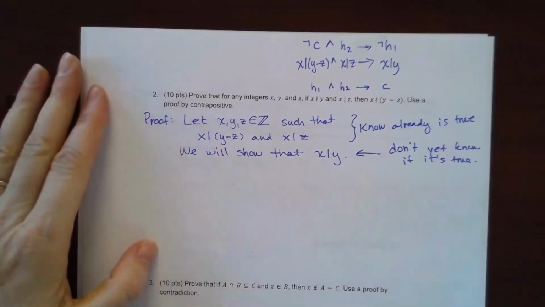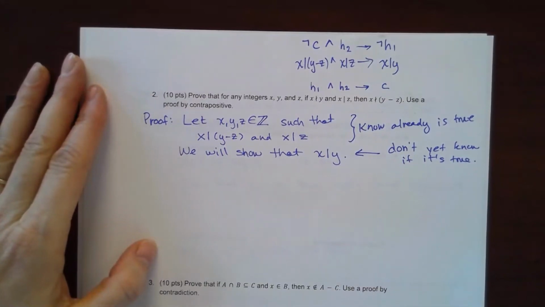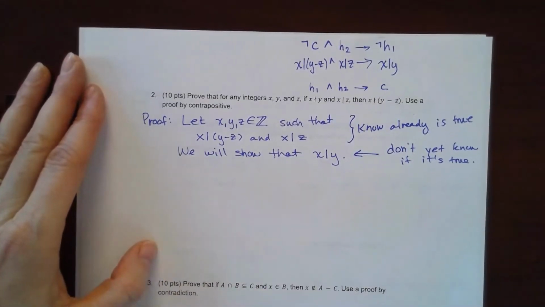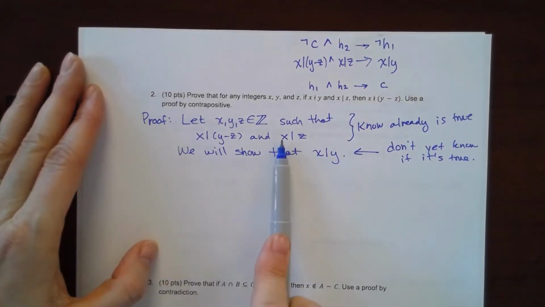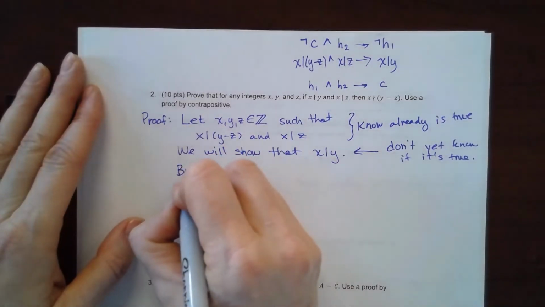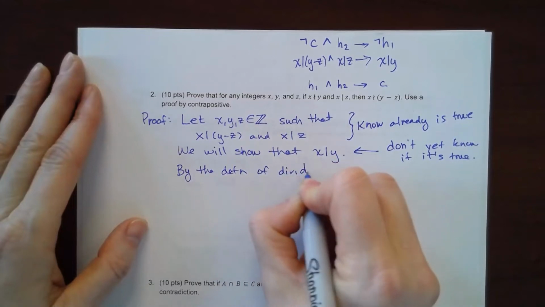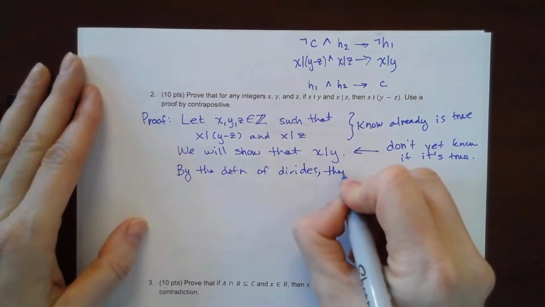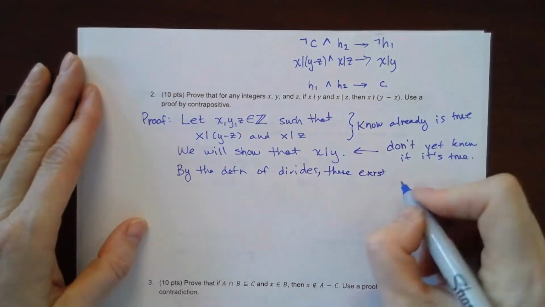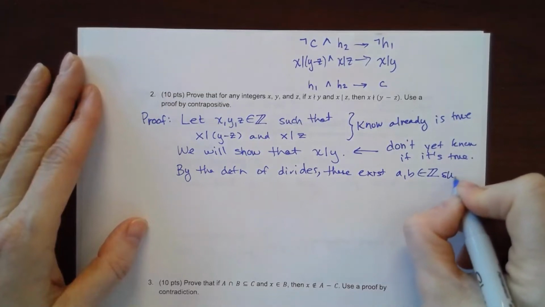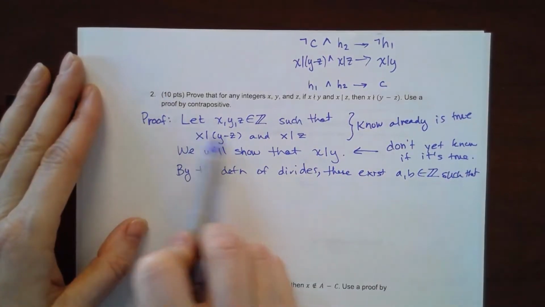So, at this point, I have to look at what I know is true and apply definitions to what I know is true. So I know two things are true, this one and that one. If those things are true, then I know the definition of divides, and I just use that definition of divides. So, by the definition of divides, we know that there exist integers a and b, we'll just call them a and b, such that, well, this one I know is true.